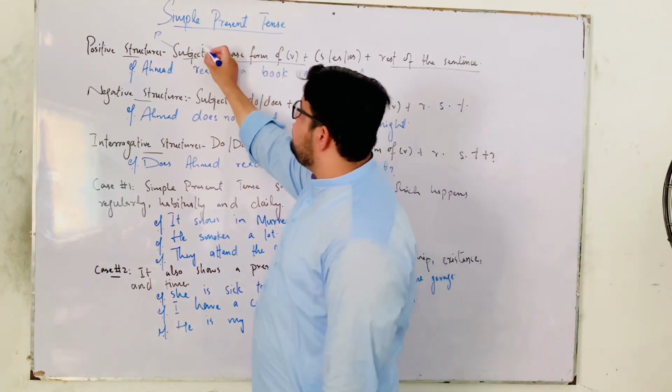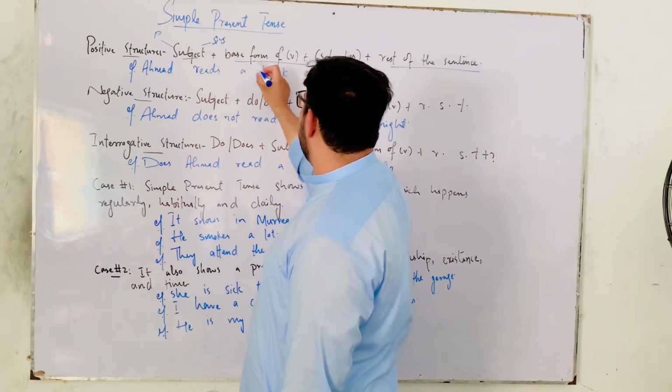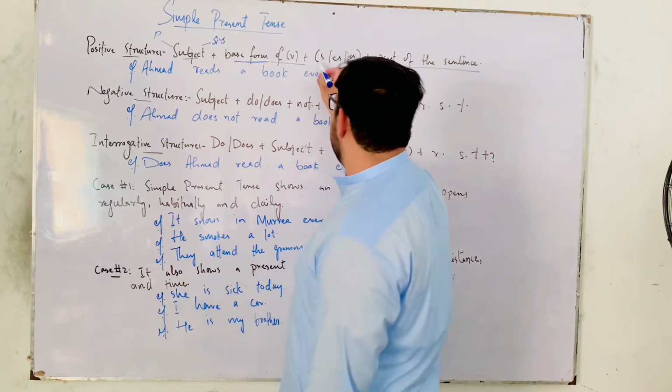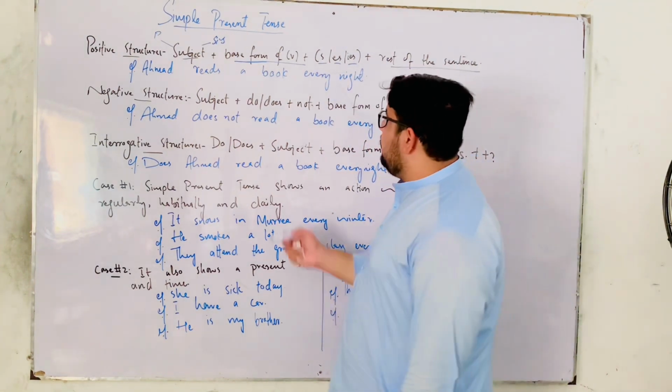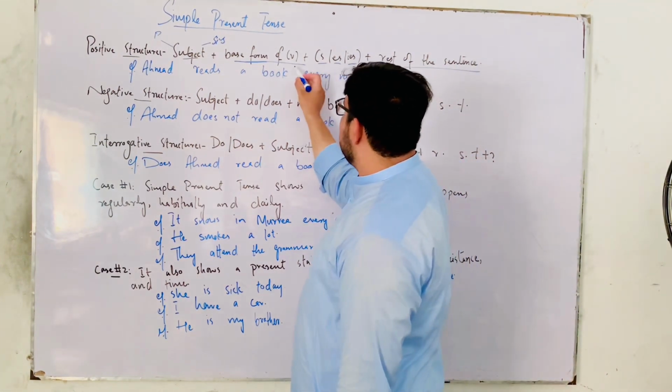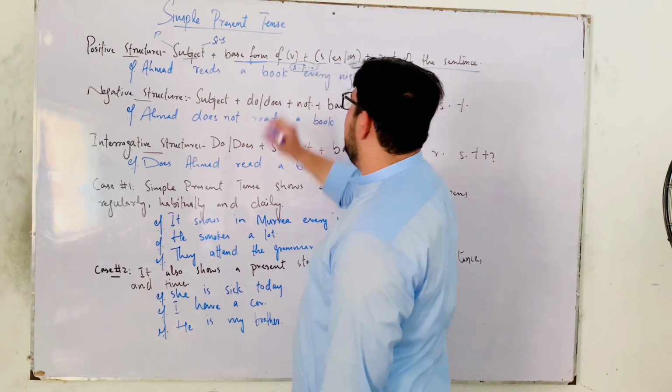But if the subject is singular, then with base form of the verb, we use S, ES or IES according to the spelling of the verb. And when we use S, ES and IES, it makes simple form of the verb, the fifth form of the verb.